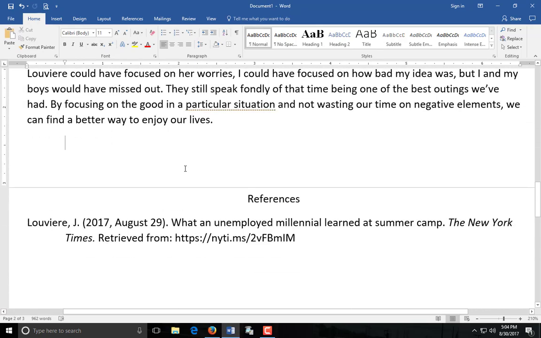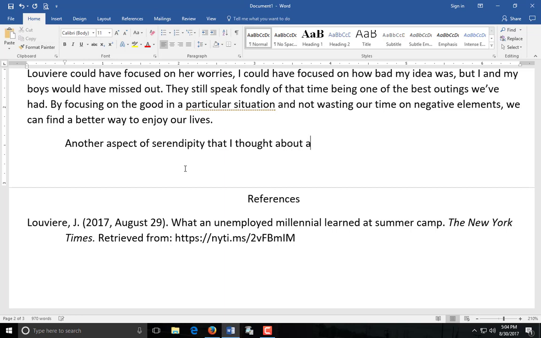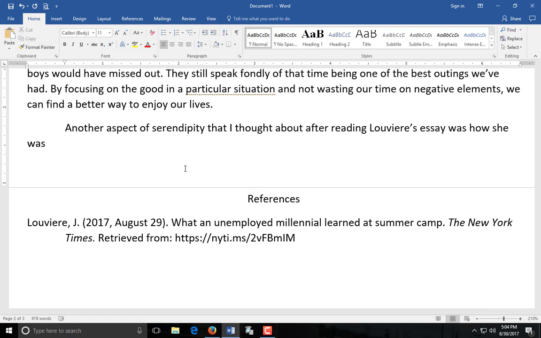So okay, so another aspect of serendipity that I thought about after reading Louviere's essay was how she was able to enjoy the summer more when she was forced to be silent each day.